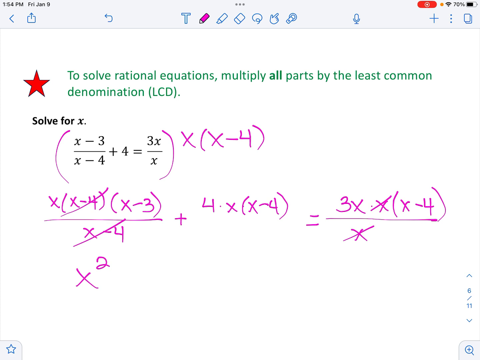If I distribute what's left, I get that. Then I would have 4x times x, which would be 4x squared. And then 4x times negative 4 would be negative 16x. And then right here, I would have 3x squared minus 12x.